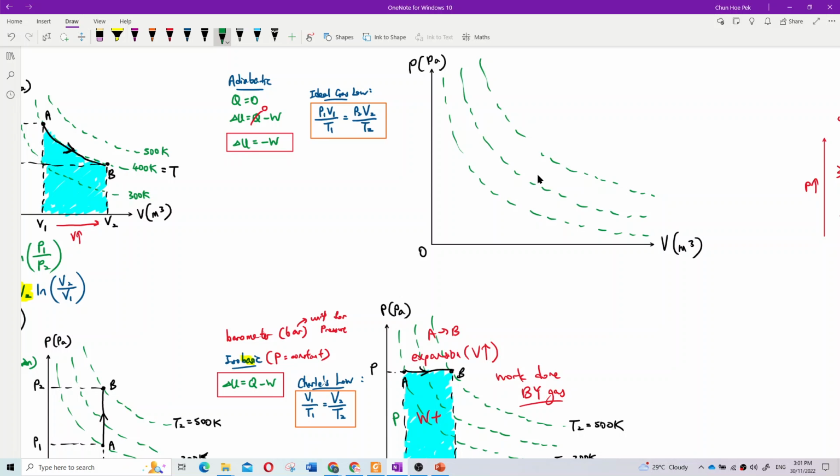Put this as T1, 300 Kelvin, and then this is T2, 400 Kelvin, and then T3 is 500 Kelvin.